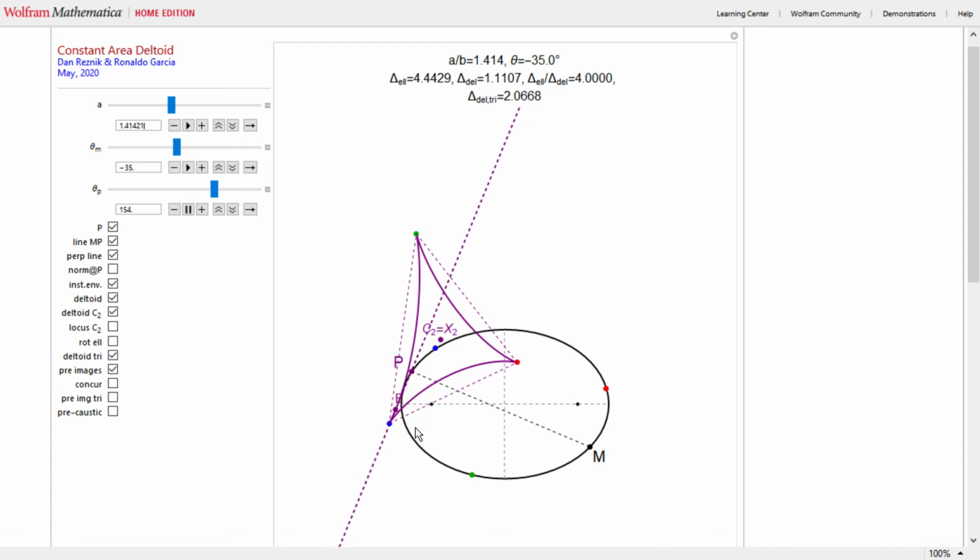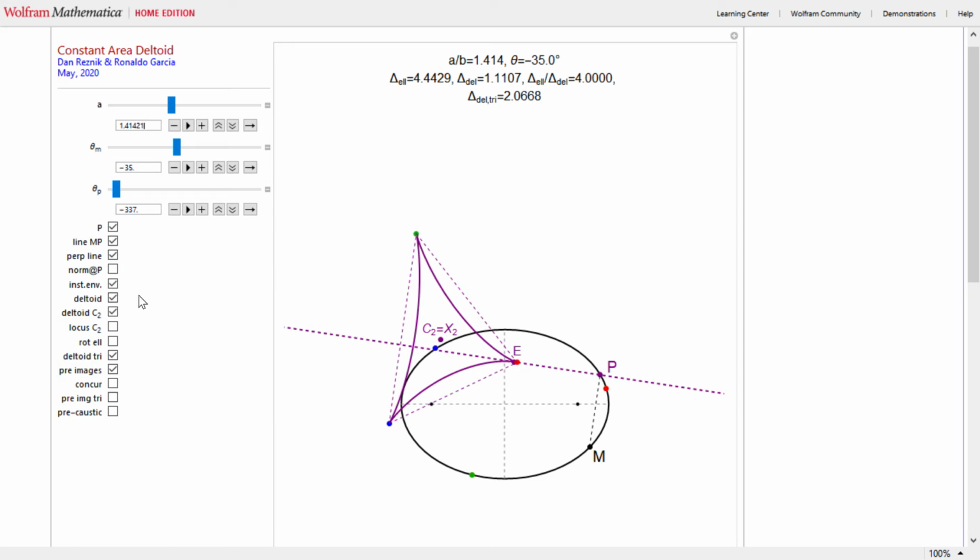Now P is going to leave blue, and it's going to start sliding toward green. My envelope is sliding up toward green, and I get to the next so-called preimage of that green cusp on the ellipse boundary. Let's just let P reach red, and then we're going to talk a little bit about those 3 points. So there it is, we're reaching P, and the envelope is touching red. That's all nice.